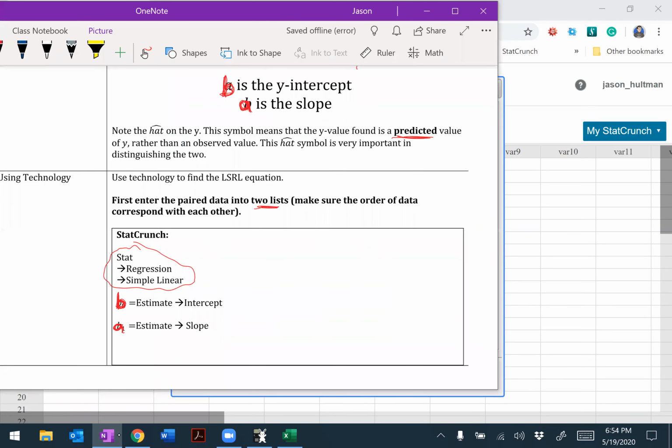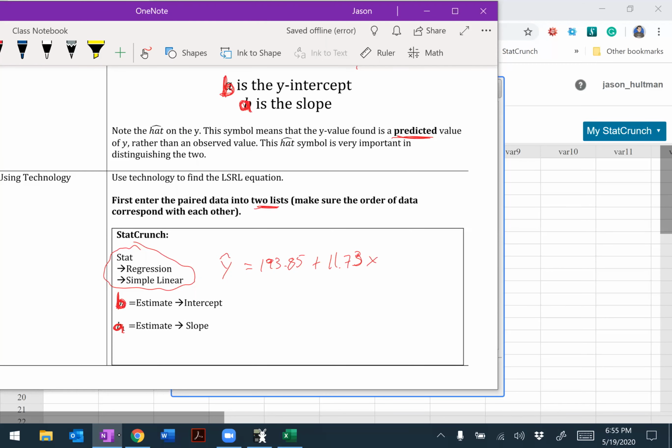For McDonald's, it was 193.85 plus 11.73 times my x value, and var2 was y, that's my y hat. My var1 was my x value.